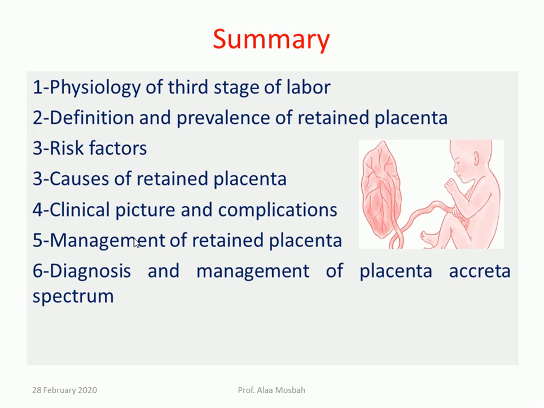Then we went through the retained placenta management, and we said the management depends on the cause: is it an atonic uterus, or due to a constriction ring or contracted cervix, or due to ruptured uterus, or due to placental adhesion or placenta accreta spectrum. Then we went through the diagnosis and management of placenta accreta spectrum.